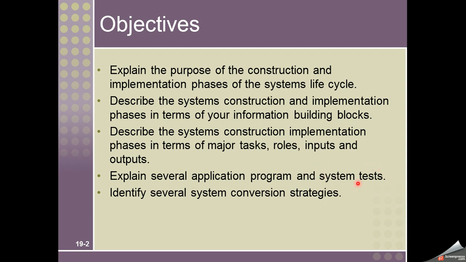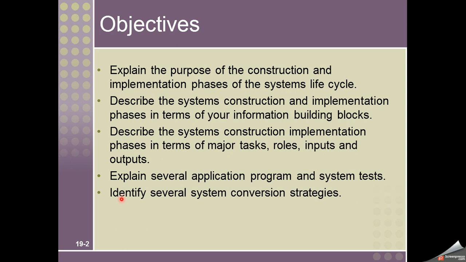Although the scope of the course does not allow a detailed discussion on testing, we discuss these things in much more detail in the software quality assurance course. But here from the system development life cycle perspective, we'll discuss briefly the importance and the types of different tests in the information system.